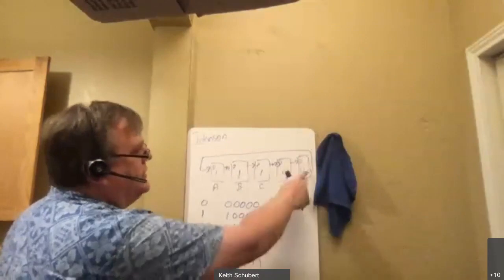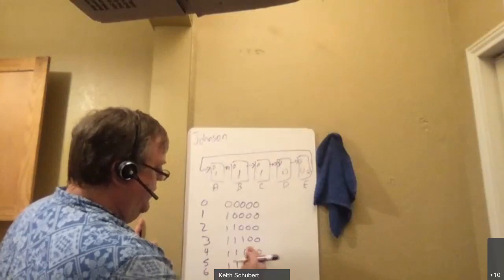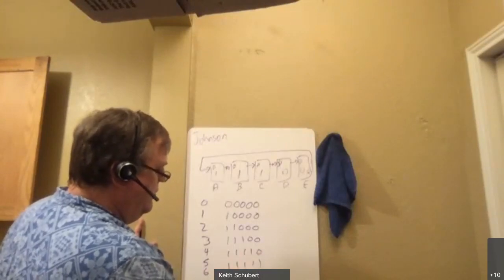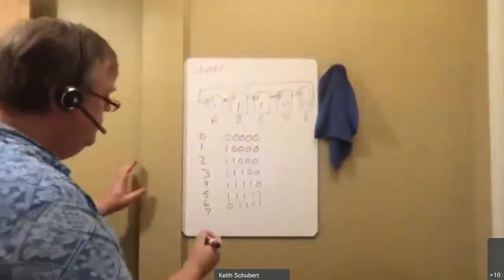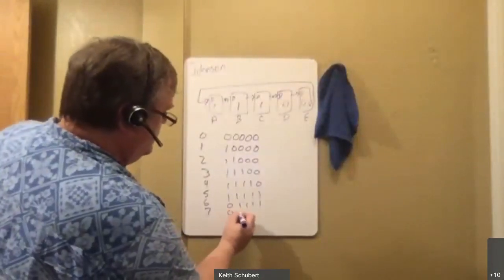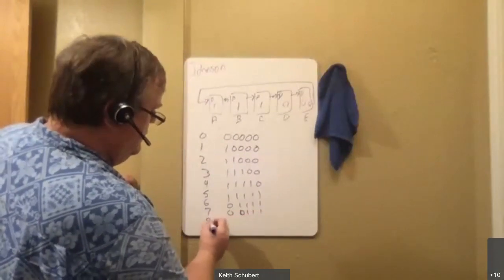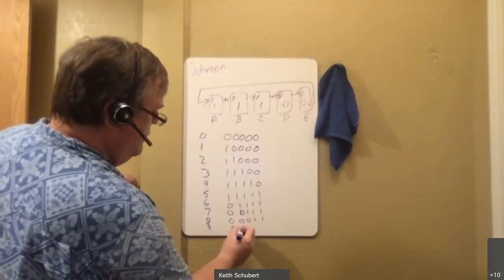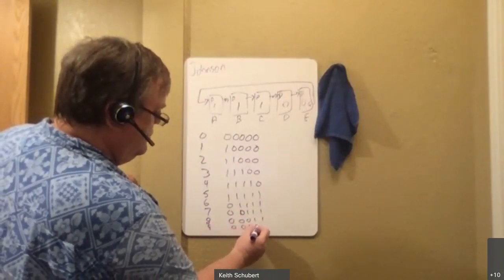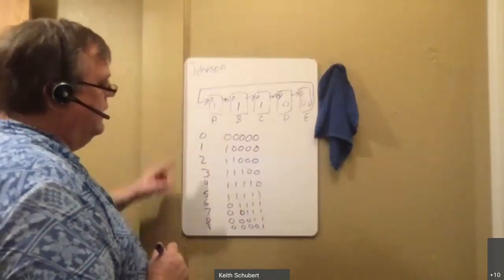Now I've got a 1 that's going to get flipped. So when I go to 6, it will flip around and I'll get a 0. And then the 1s, 7, I'll get 0, 0, 1, 1, 1, 8, 0, 0, 0, 1, 1, 9, 0, 0, 0, 0, 1. And then 10 comes back around, right, to all zeros.